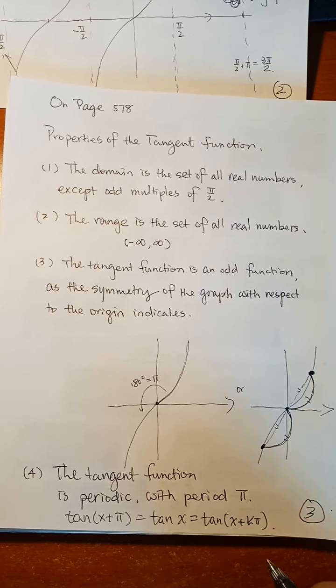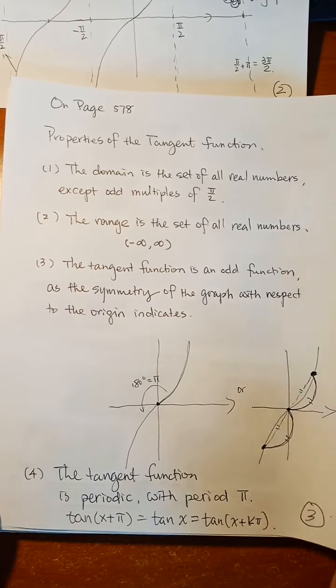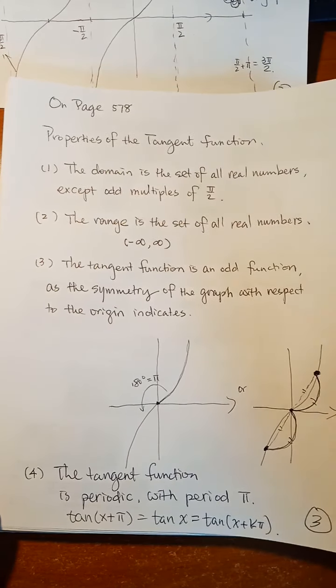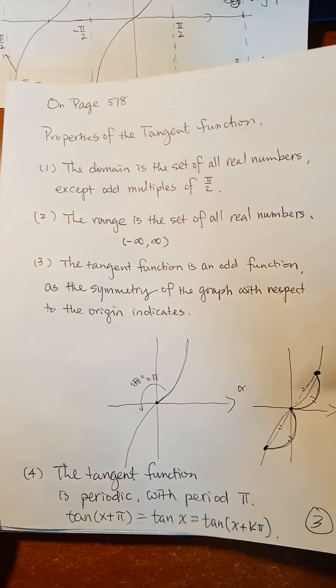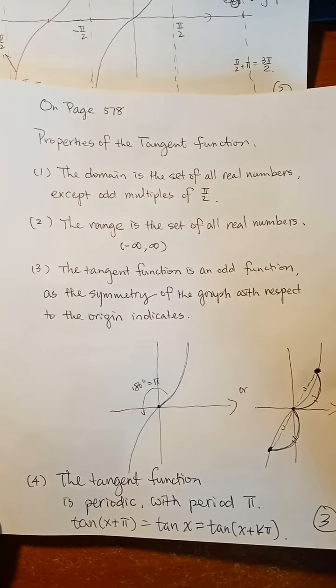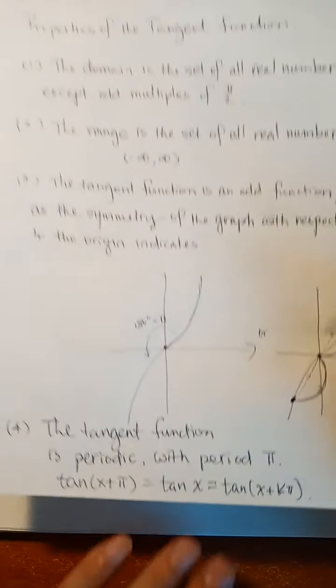So k pi is also a period. Here we always mention with the period pi, this pi is the fundamental period, the smallest positive period. Okay? That's the property for the tangent function being a periodic function. And remember that sine and cosine are both periodic, but with period 2 pi.